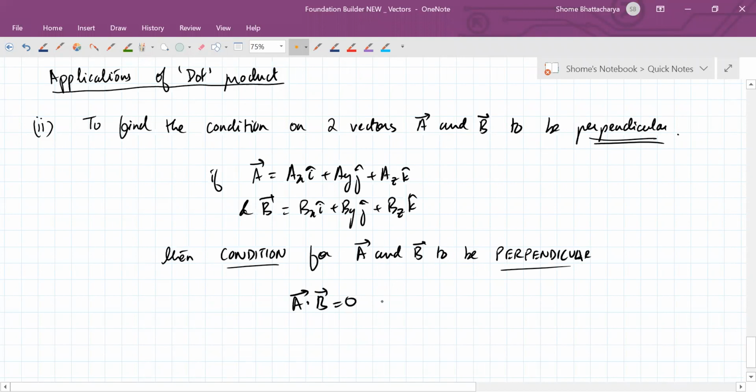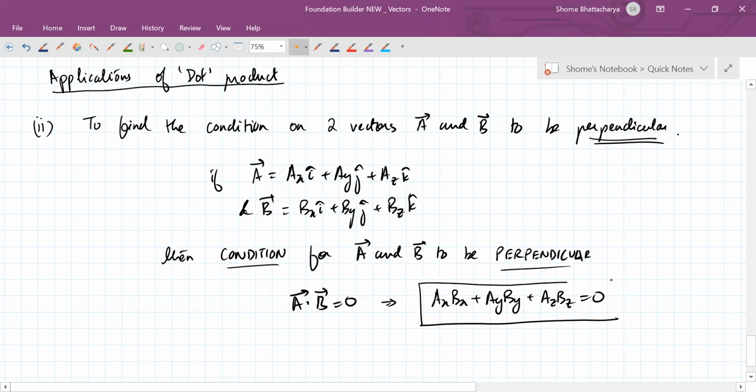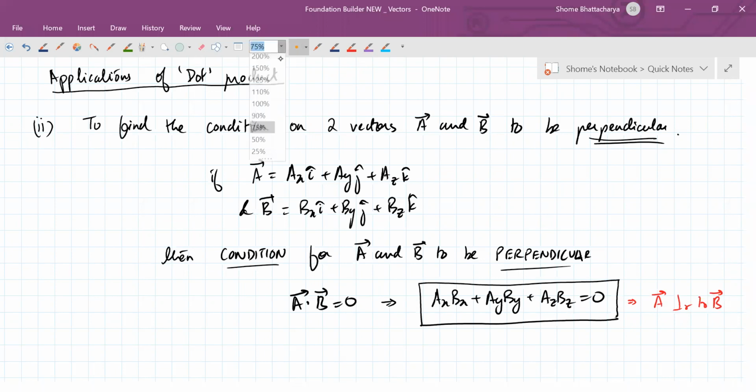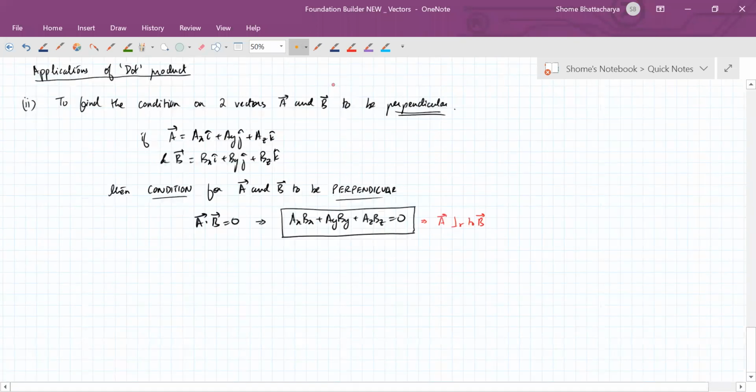So here in terms of the components, this means that Ax into Bx plus Ay into By plus Az into Bz should be 0. If and only if this is 0, they are perpendicular vectors. So when this happens, it implies that A is perpendicular to B. So this is something very important that we should know about vector algebra.